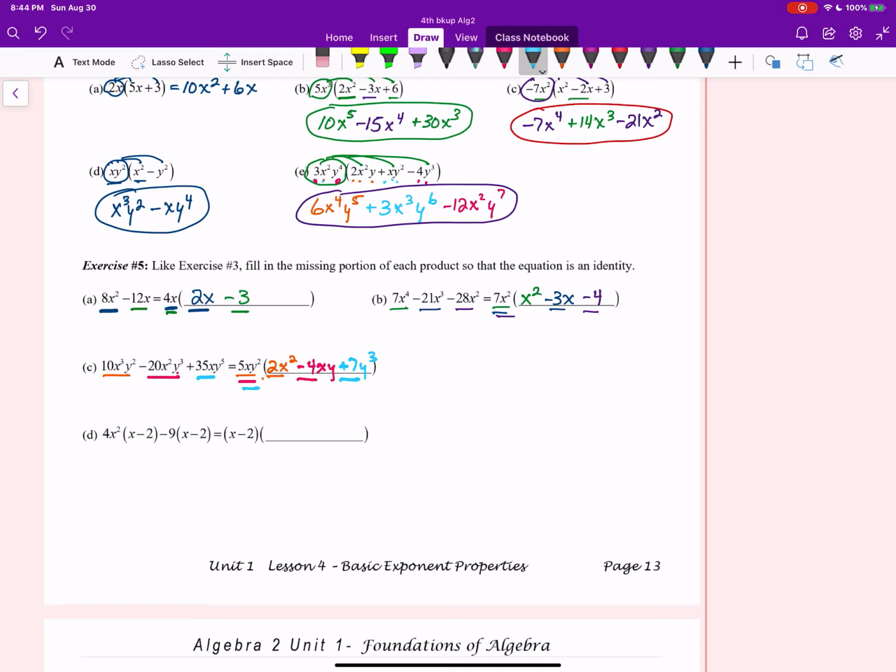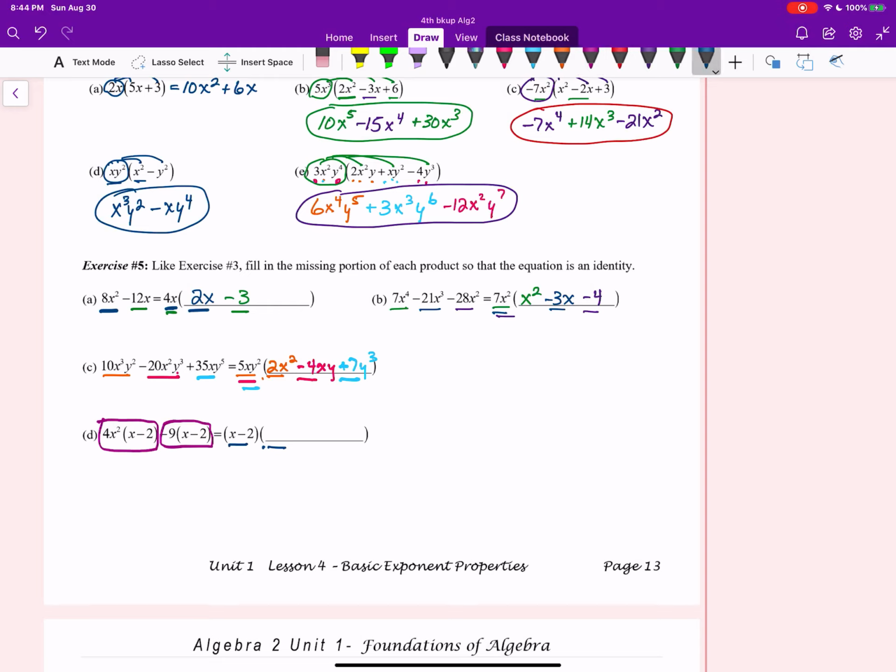And this last one looks a bit more complicated. Well, let's look at the right-hand side. We have x minus 2. Okay, so x minus 2 times what would give us? All right, now looking at the left-hand side, we actually have just two terms. This is one, and this is the other.